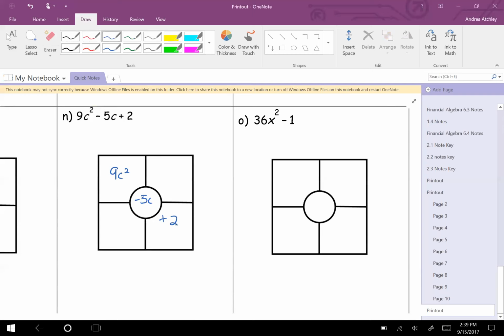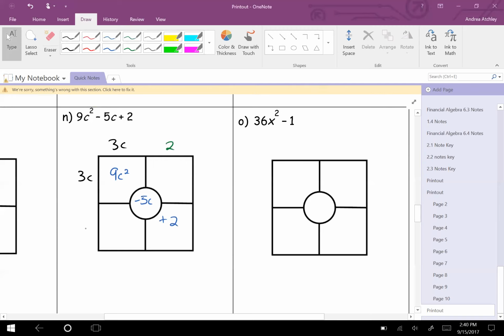Okay, Chloe, what multiplies to 9c squared? 3c and 3c. Jacob M., what multiplies to 2? 2 and 1.